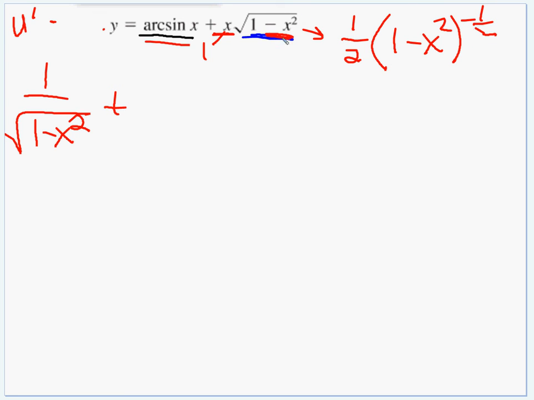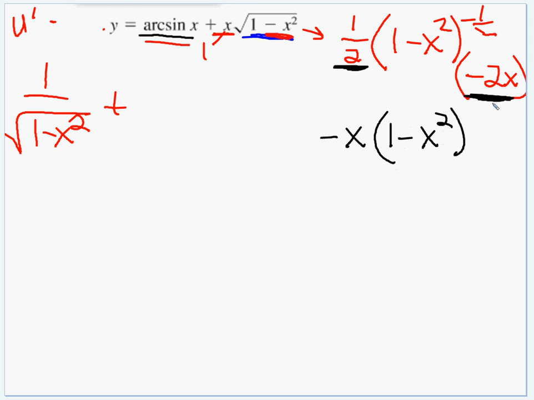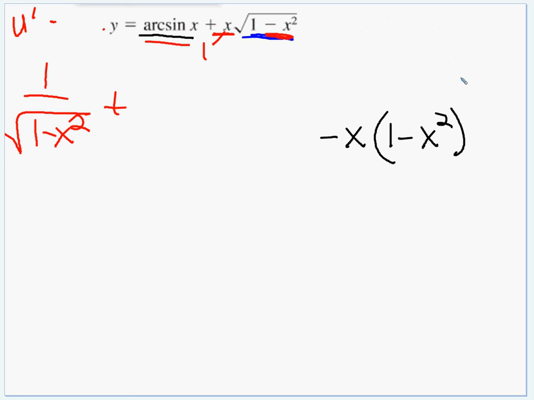And then we got a chain rule, that inner function, that's going to be times a negative 2x. So to simplify this, the negative 2x times a half is going to be negative x, and then we're going to have our quantity to the negative half power. Now we're going to leave that as the negative half power until the very end.